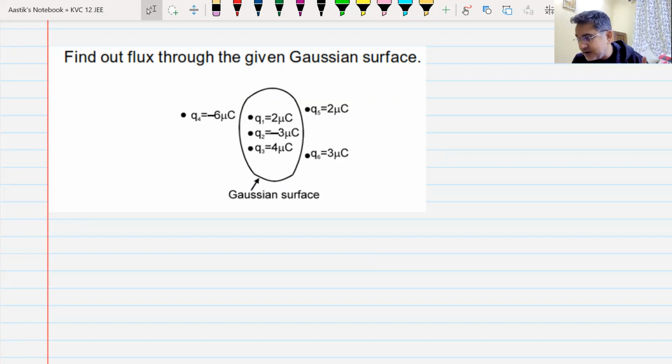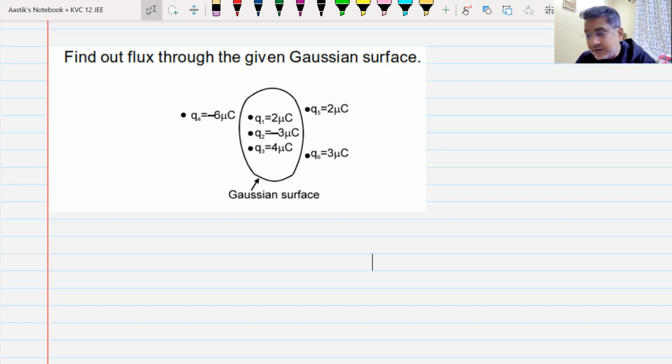Remember, what point do I want to make? You can see three charges are inside this Gaussian surface, and three charges are outside. Whenever we are doing any question in electrostatics or gravitation, whatever charges are given in the question are the only charges present in the entire universe. Apart from that, there are no other charges or masses.